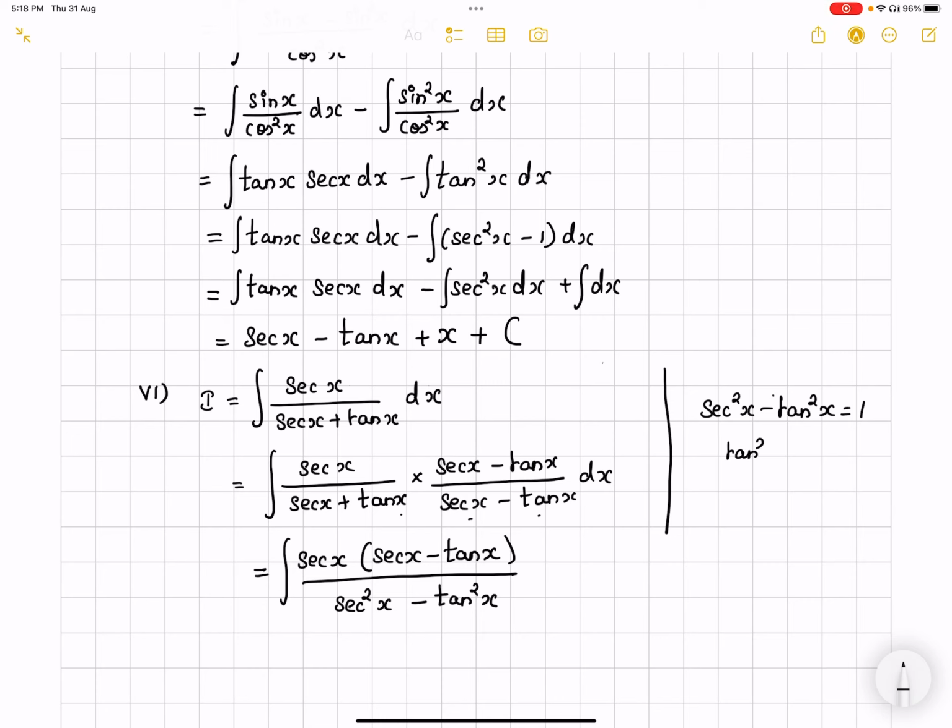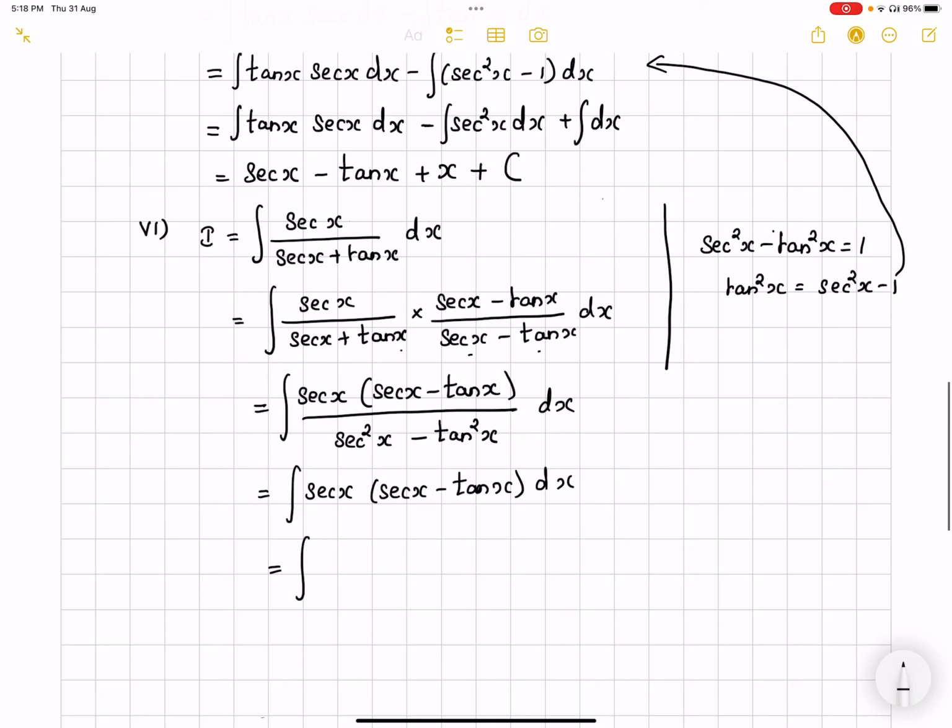Tan square x is going to be secant square x minus 1. We have used it here in the problem. And now, what is happening? My denominator itself would go away, and I would be having only secant x into secant x minus tan x, and then dx.